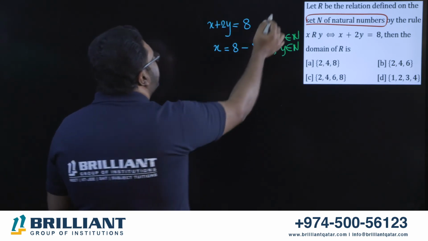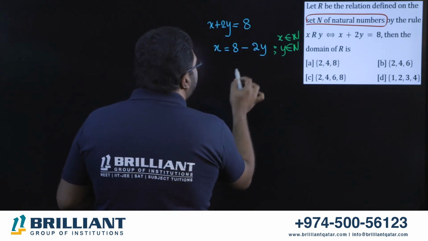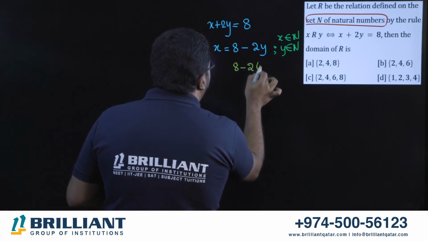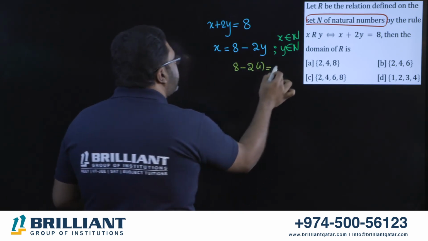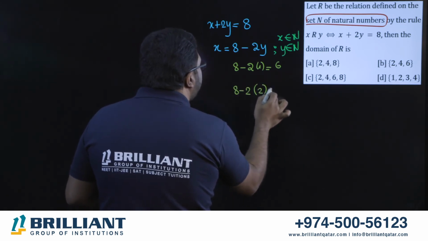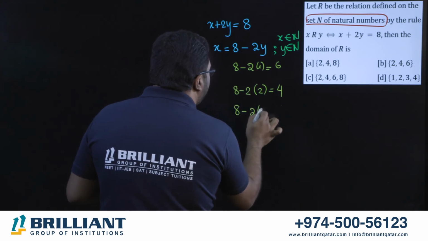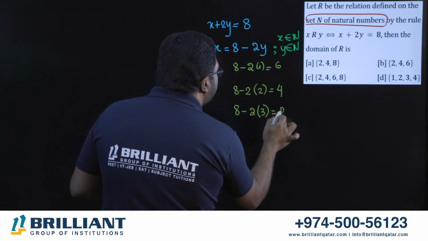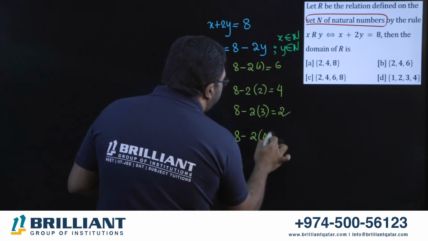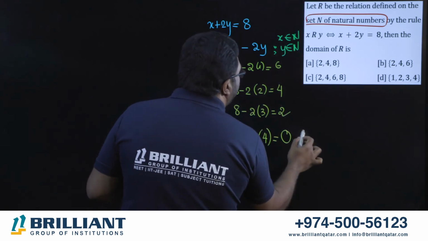So let's try to find out the pairs of natural numbers which are going to be obtained. If I put y is equal to 1, 8 minus 2 into 1 is equal to 6. 8 minus 2 into 2 is equal to 4. 8 minus 2 into 3 is equal to 2. 8 minus 2 into 4, I'm just putting in natural numbers, the answer is 0, and this is not a natural number.